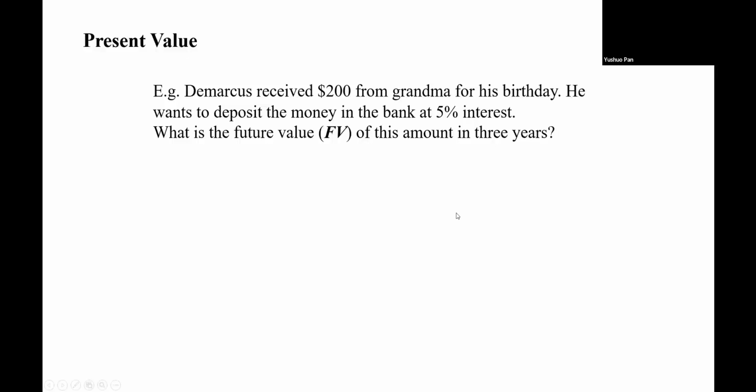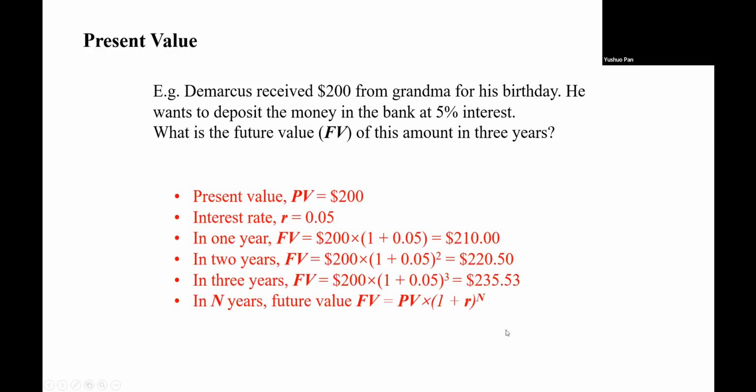So let's see how to calculate it together. In this question, we have the present value, which is $200 today, and the interest rate is 5%. In 1 year, the future value equals the present value, which is 200, times 1 plus R. That's the future value in 1 year.